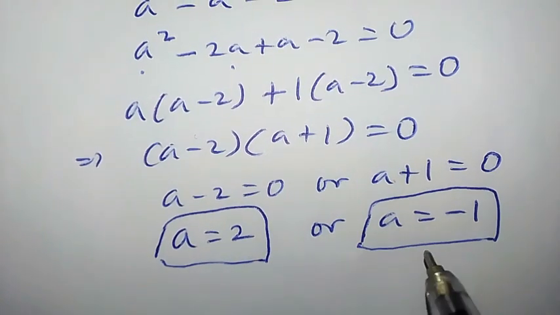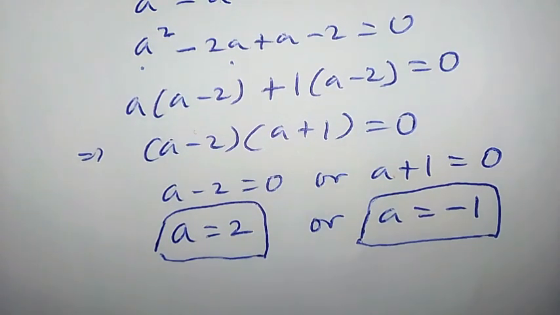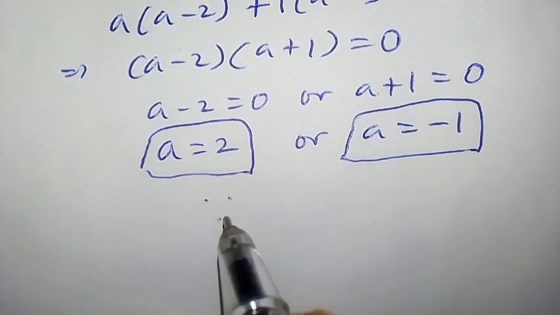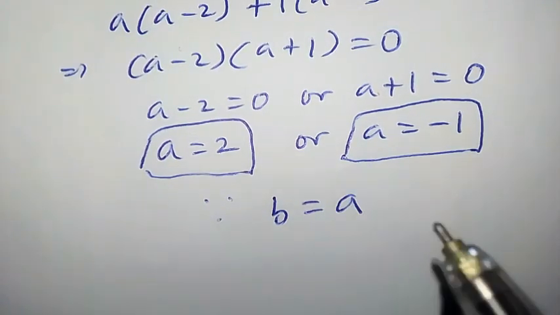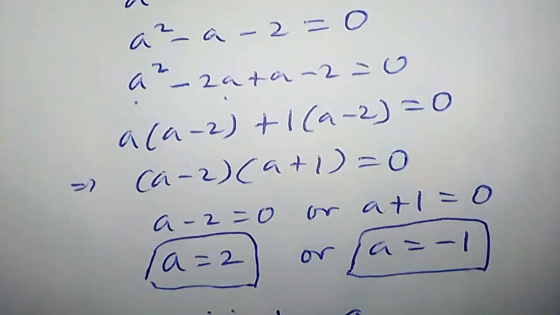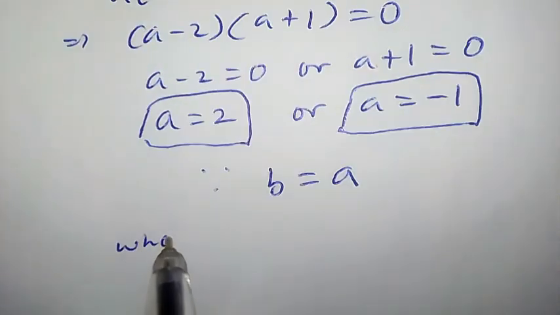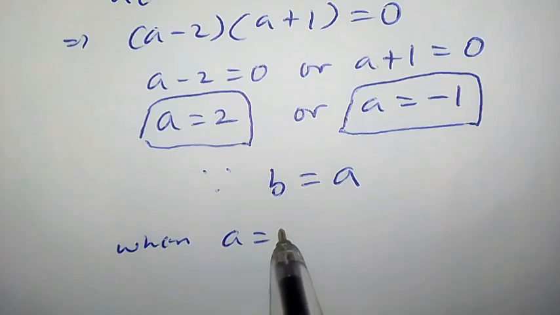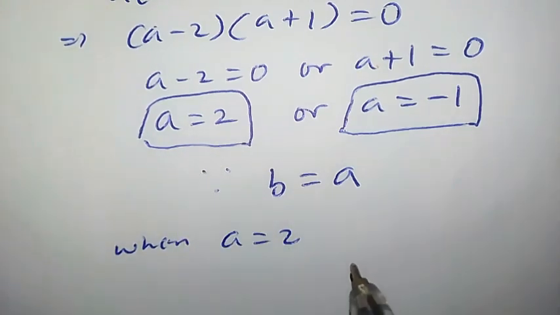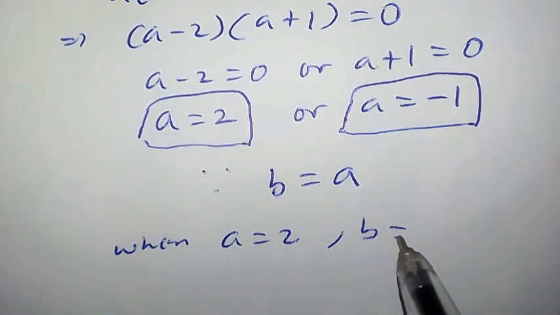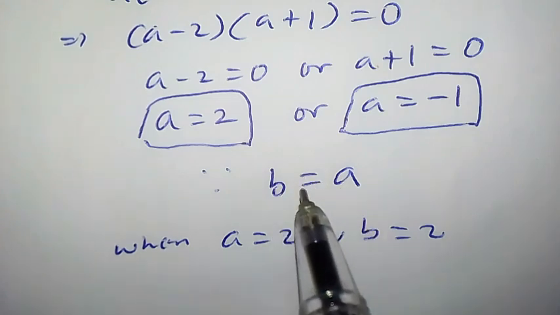We can now use these two values to obtain the value of b. Since b is equal to a, this actually comes from what we obtained here. When a is equal to 2, what will be the value of b? b is equal to 2, since a is equal to b.